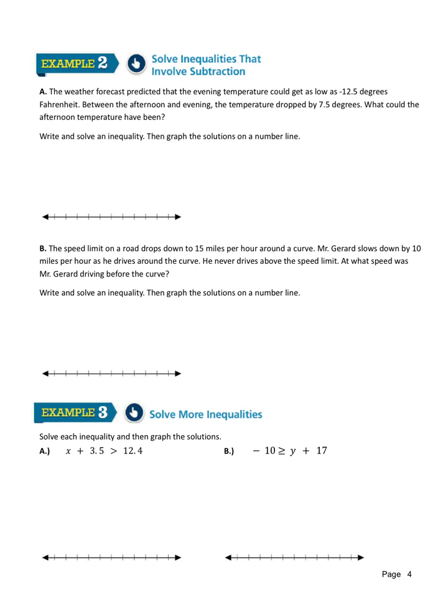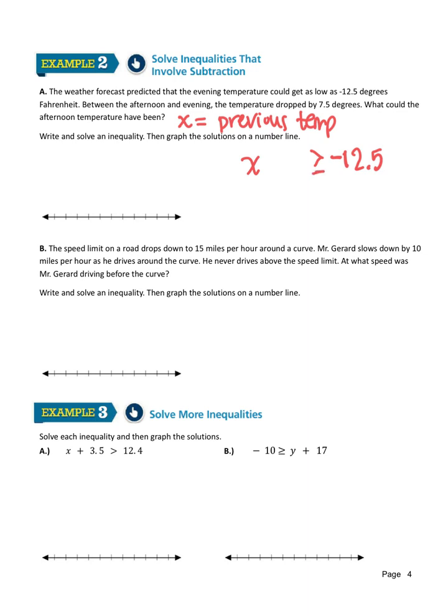So I'm going to use X as the previous temperature. And that was higher or greater than negative 12.5. And then the temperature dropped some, but never getting any lower than that.